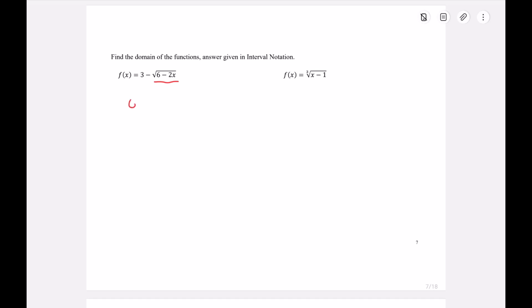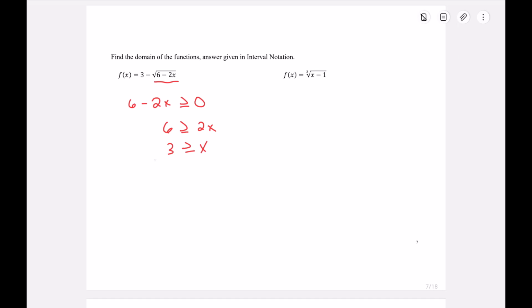So we could do 6 minus 2x is greater than or equal to 0, and we can solve for x. If we subtract 2x from both sides, we get that 6 is greater than or equal to 2x, and if we divide by 2, we get that x is greater than or equal to 3.